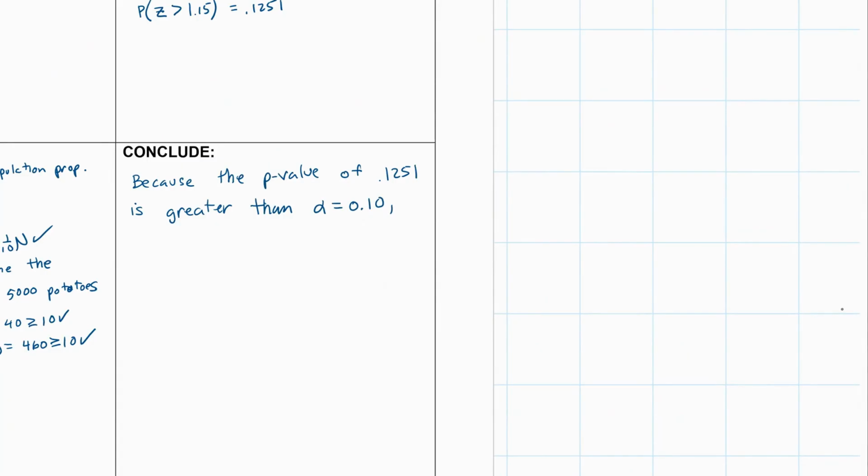See, that means the p-value is high. We fail to reject H0.